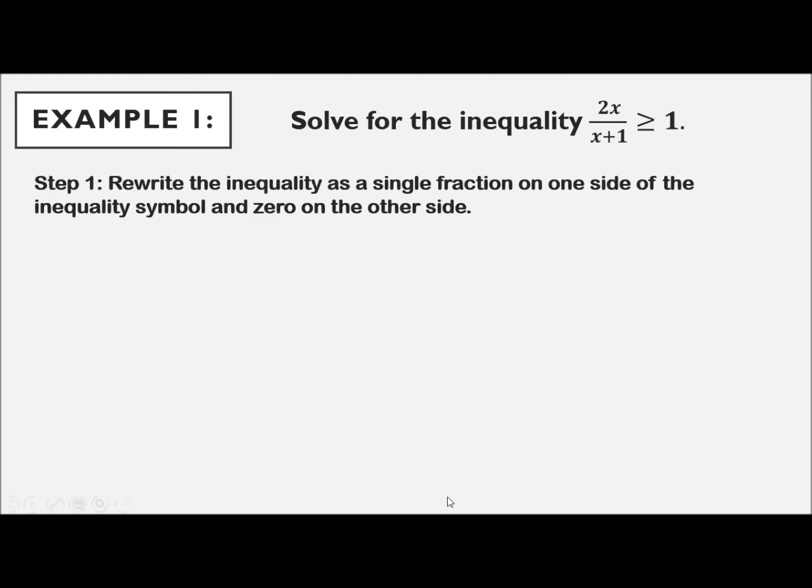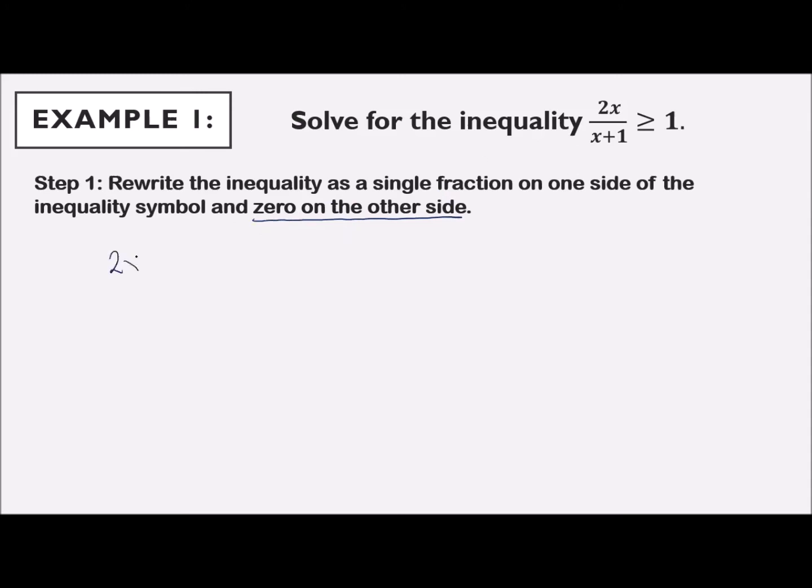What does it mean? Rewrite. Kumbaga sa ibang mga books, ibang references, ang sinasabi dyan ay we need to write it in standard form. Di ba? Pagka sa equation, pagka sa standard form, on the right side, or basta sa isang side ng inequality, dapat mag-0 yon. Okay, so babaguhin natin yung itsura niyan.